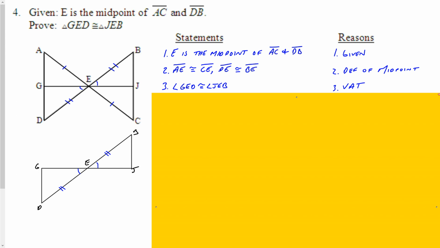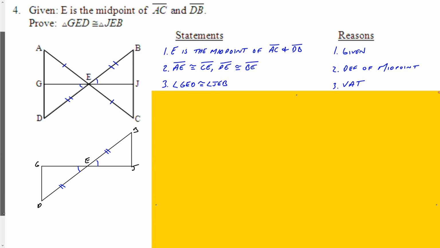Now we run into the issue of not being able to say anything else about the two triangles that we are trying to prove are congruent. So what we have to start doing at this point is looking back at our original picture and seeing if there's another pair of triangles we could prove are congruent.